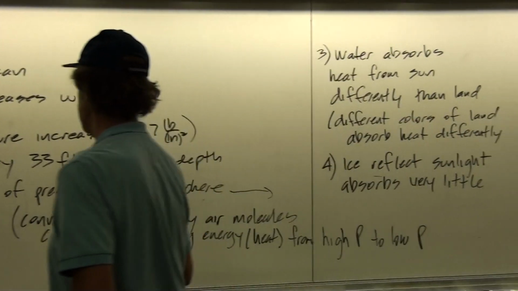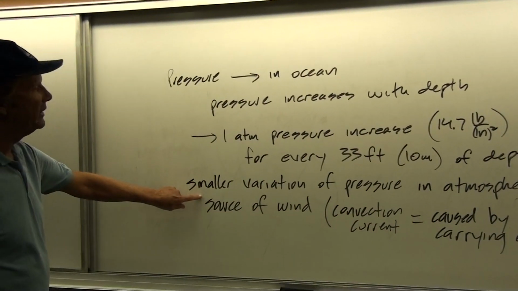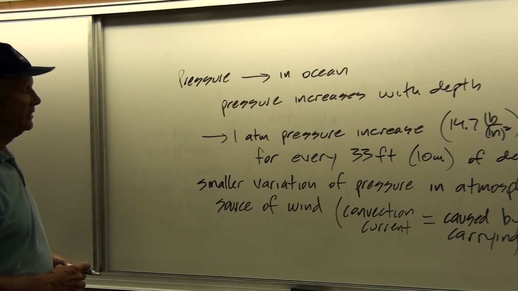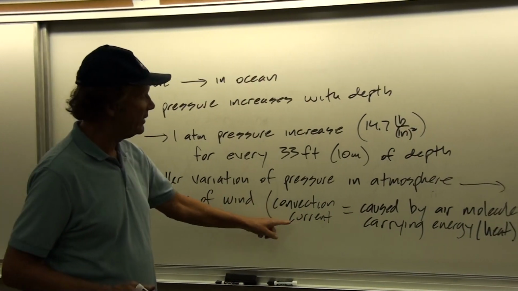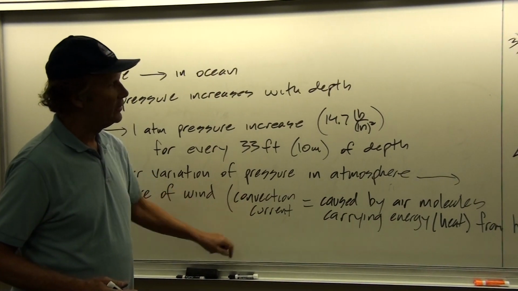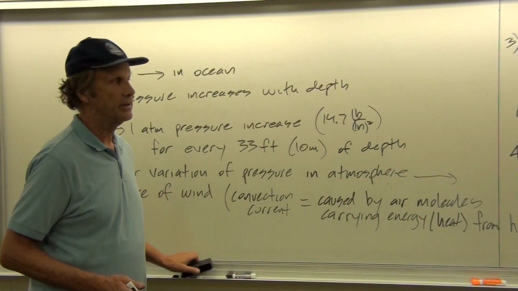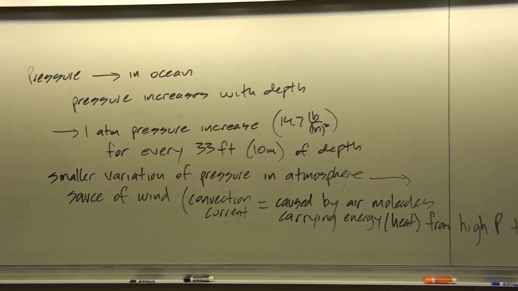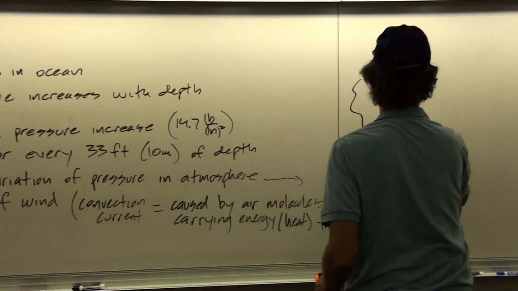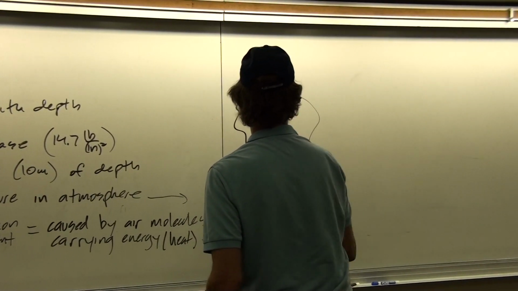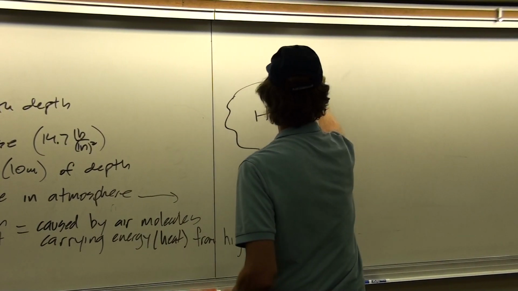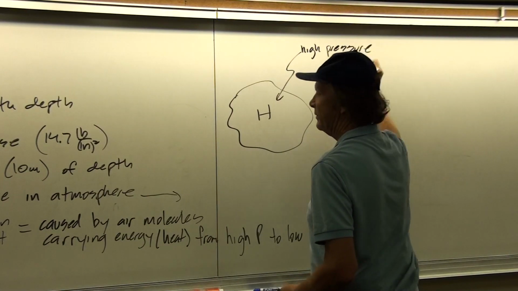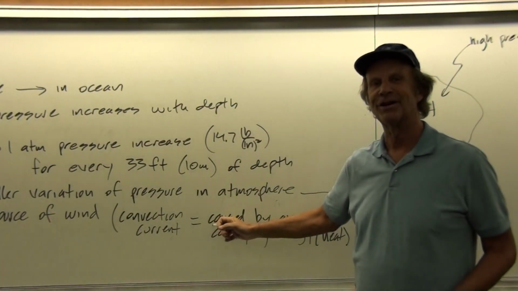Okay, so let me try to explain this a little bit. We have this smaller variation, so it's not nearly as extreme as what we find when we go beneath the surface of the oceans. But you could still get a variation in pressure on the order of a few percent of atmospheric pressure, either above or below. And so let's say you have a region of high pressure. Now, by a region of high pressure here, I'm not talking about 4 atmospheres pressure beneath the surface.